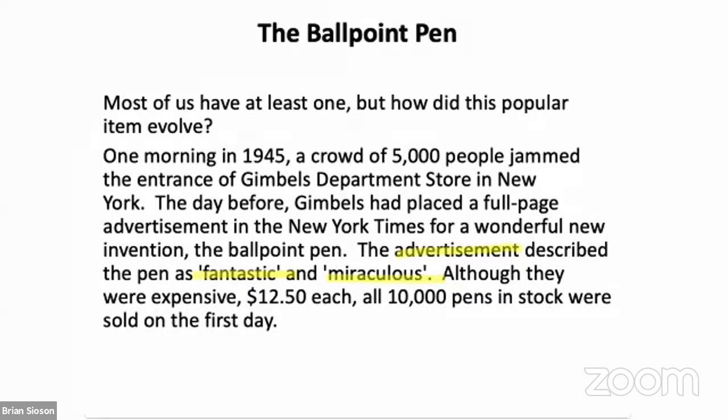The only thing that's written in the passage is that all 5,000 people jammed the entrance of the department store because they saw an advertisement in the New York Times about the wonderful new invention. But who knows, maybe among those 5,000 people, some of them have already seen the pen before, right? From a different store perhaps, or maybe from a different advertisement, not from Gimbals. We can never really tell because the passage does not contain information about that.